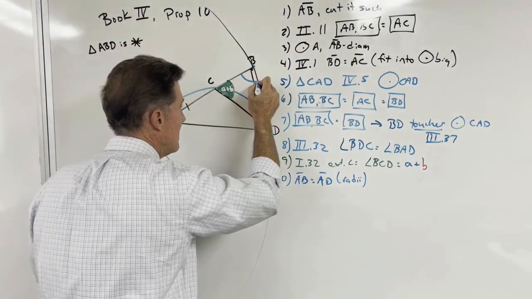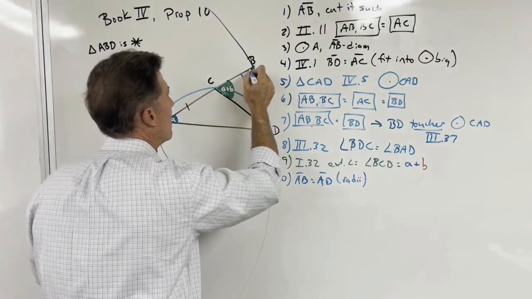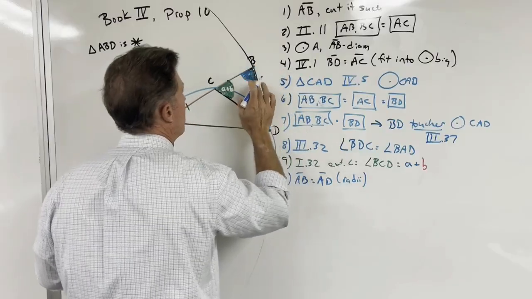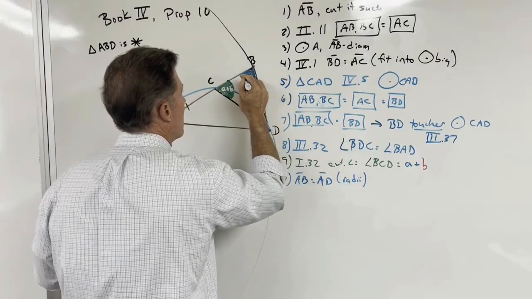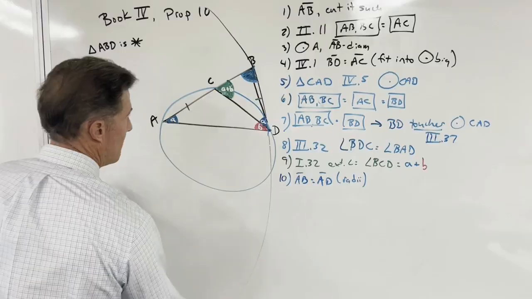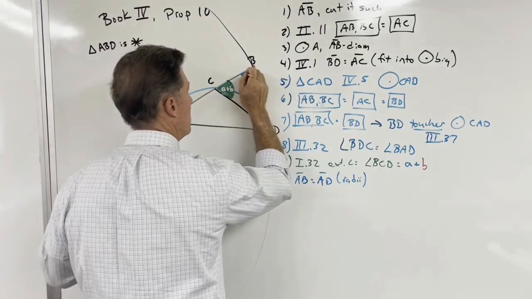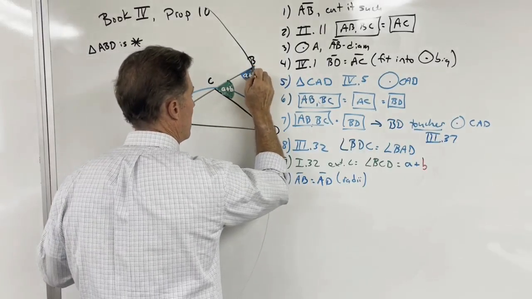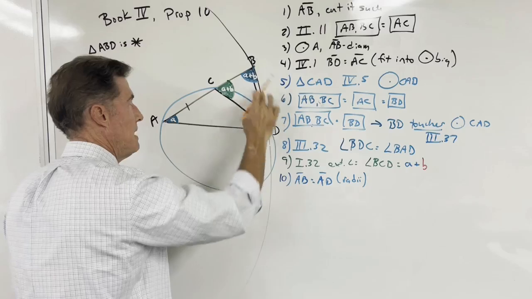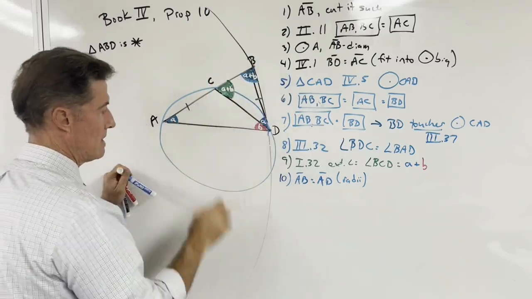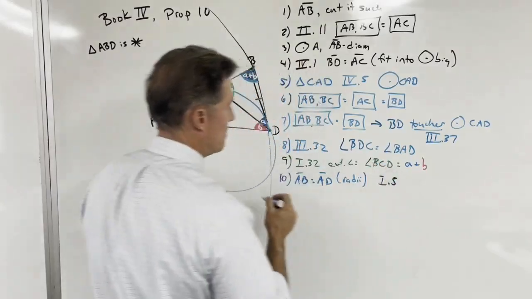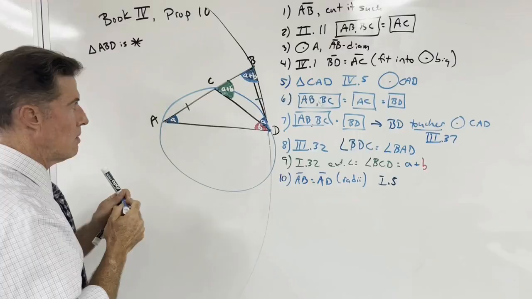So this angle is equal to this angle. So this is also equal to A plus B, right? This angle and this angle are equal. This is A plus B, therefore this must also be A plus B. And that is simply book 1, prop 5. When we have isosceles triangles, the base angles are equal.